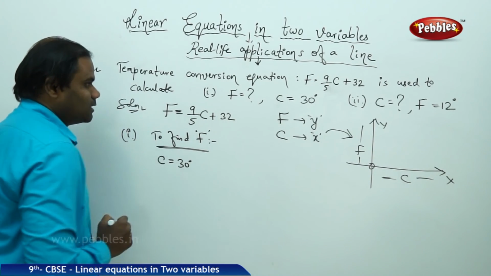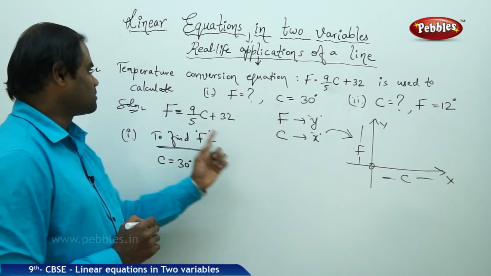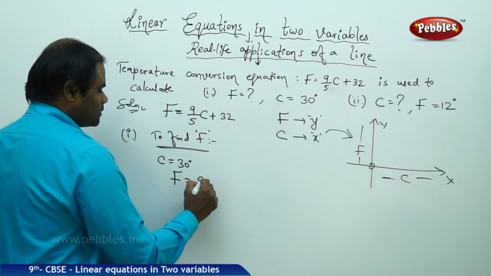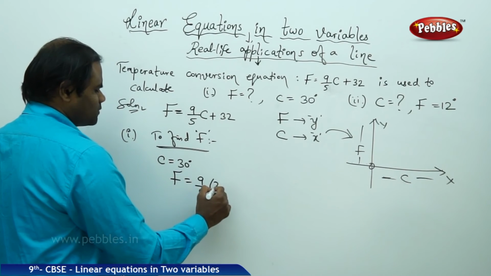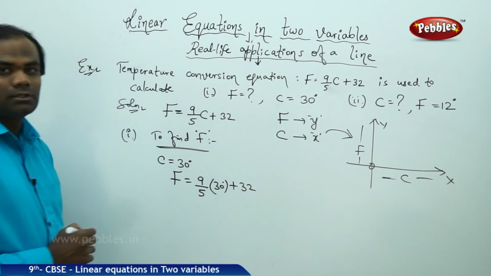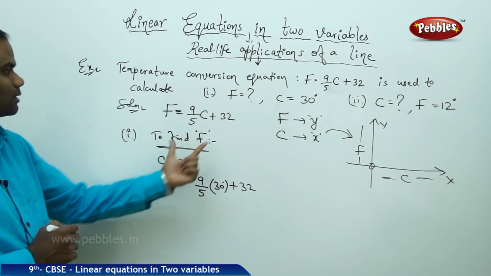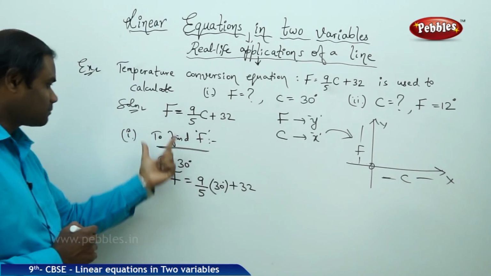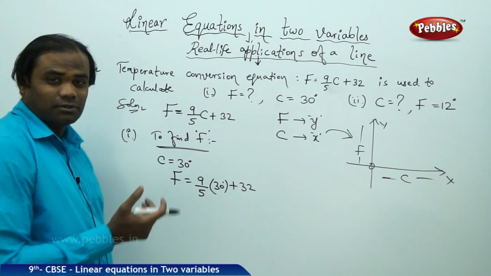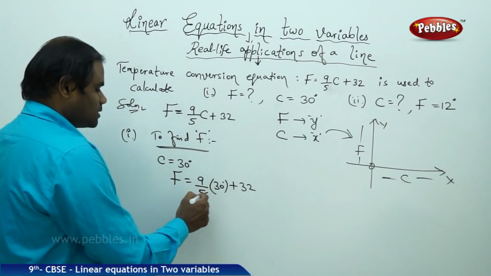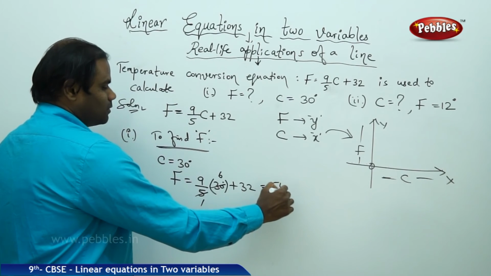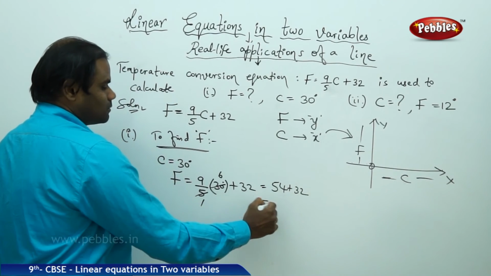The value of C is 30 degrees, which when substituted into the given equation, F equals 9 by 5 times C plus 32, gives 9 by 5 times 30 plus 32, which on further simplification gives 5 sixes are 30, 6 nines are 54, plus 32.